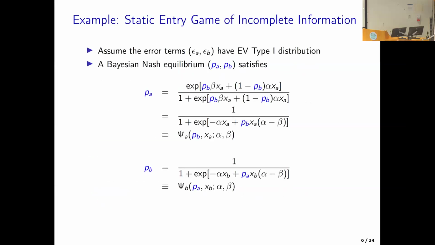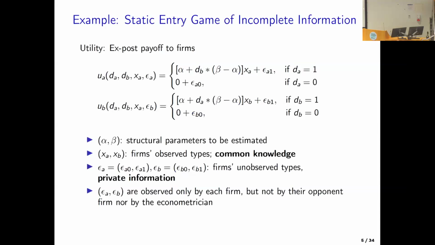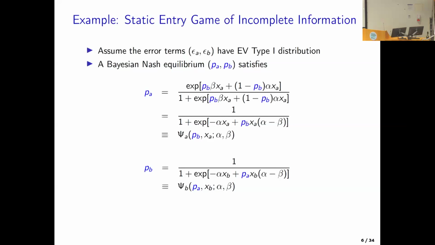Now based on this model, given that this is extreme value type I, we can first of all calculate the expectation of my profits given my beliefs about the other agent's epsilon. So that's what we have here. If the other firm B is in the market, I'm going to get the duopoly profit, that was beta times X. If it's not in the market, I'm going to get 1 minus beta.